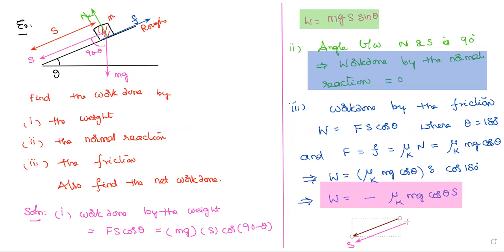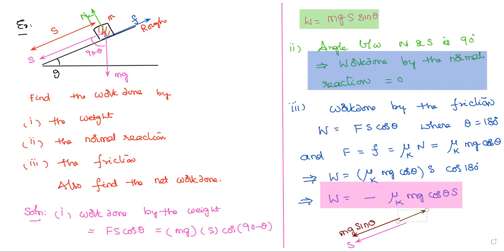That's why the work done by mg cos theta is 0. Normal reaction will also be perpendicular, so the work done by normal reaction is also 0.